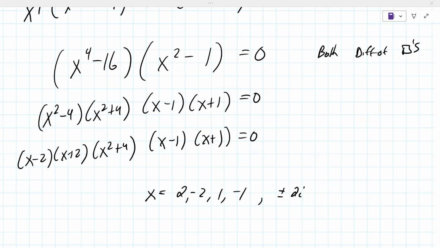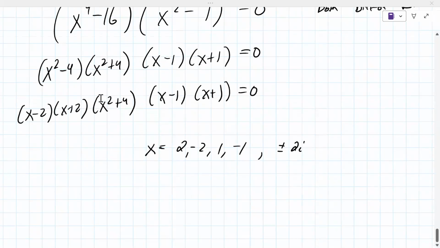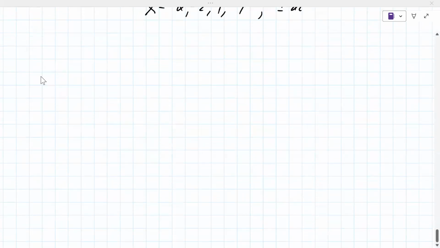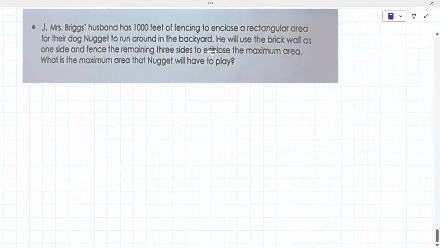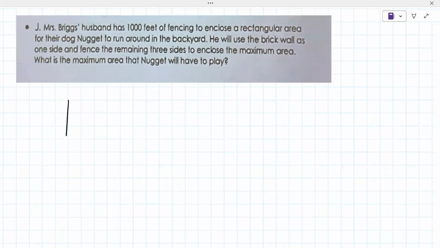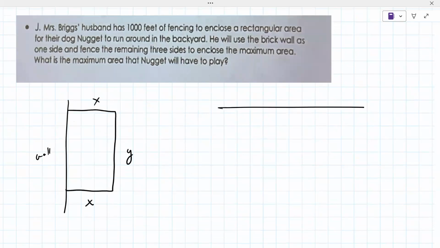All right, got one more here. It's kind of like one of those ones we worked on earlier. Drawing's kind of the big thing here. Two ways you can draw it. This is the wall. You can think of the wall there, with x and y and x, or you can think of the wall on the top side, x, y, and y. They give you the same answer. You just got to decide which one you want to do.